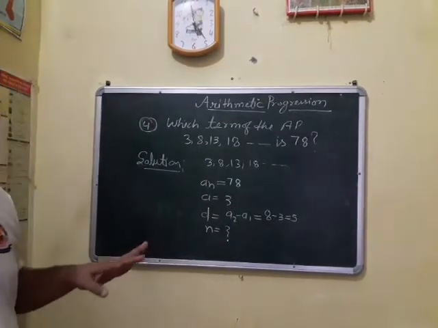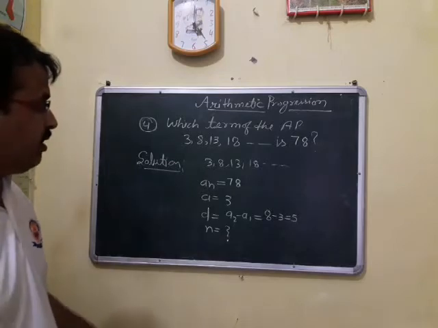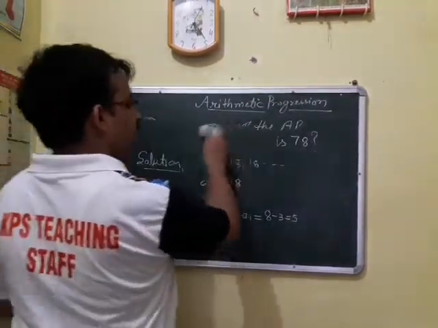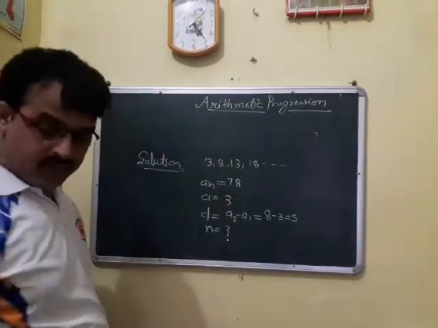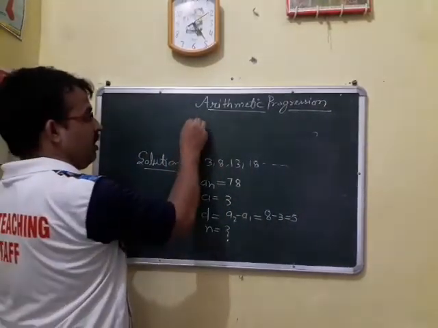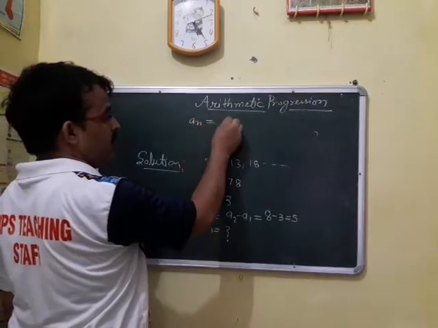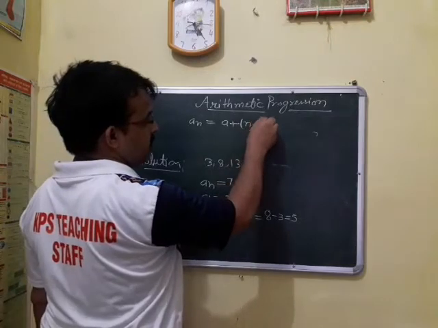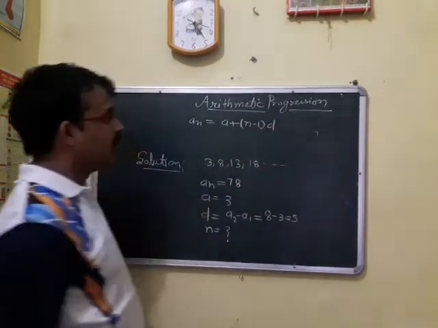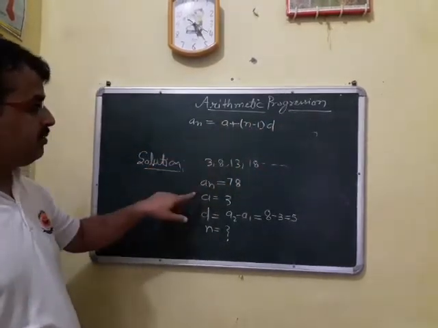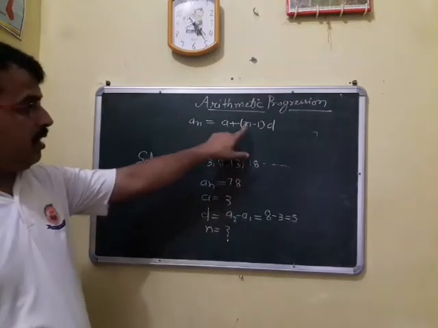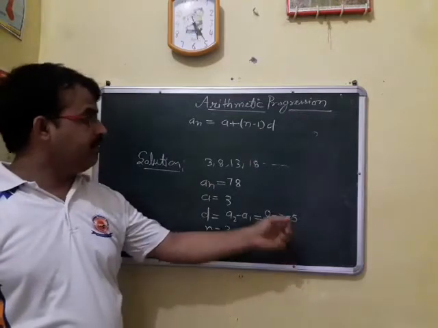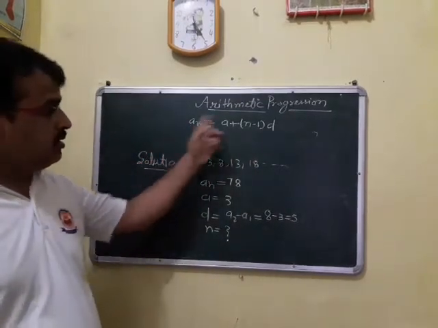Now the general term of an AP, we write: an is equal to a plus n minus 1 into d. Here the first term is 3, n we find, d is 5, and an is the last term given here.